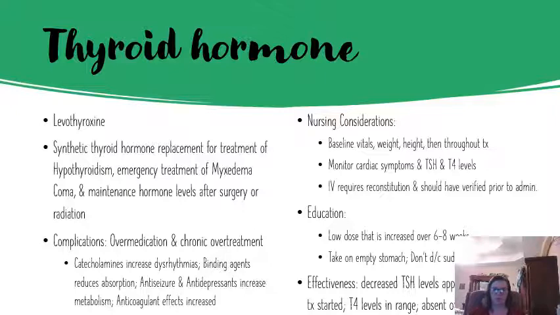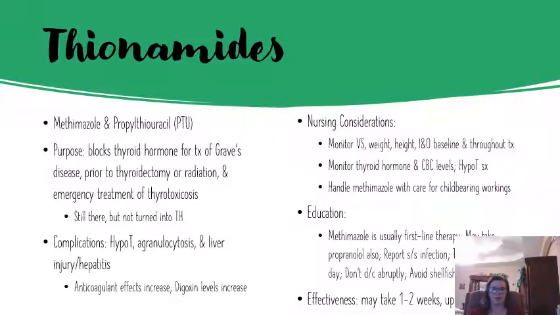Your textbook talks about other symptoms as well, but think of everything as slowing. Now, thionamides are methimazole and propylthiouracil, PTU. These block thyroid hormone for treatment of Graves' disease.